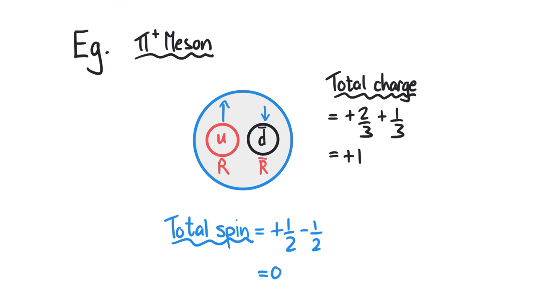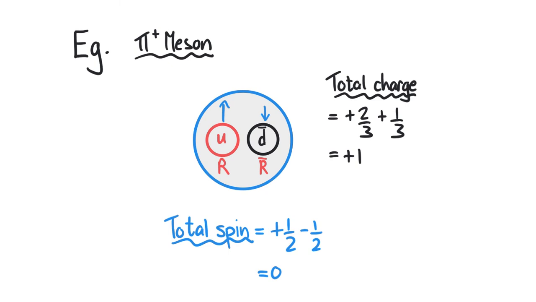By way of an example, if we look at the pi plus meson, or the pion, then if we do a representative diagram, it consists of an up and a down quark, and we can see that they've also got opposite spins, plus a half, minus a half, and the color charge is red and anti-red in this case.